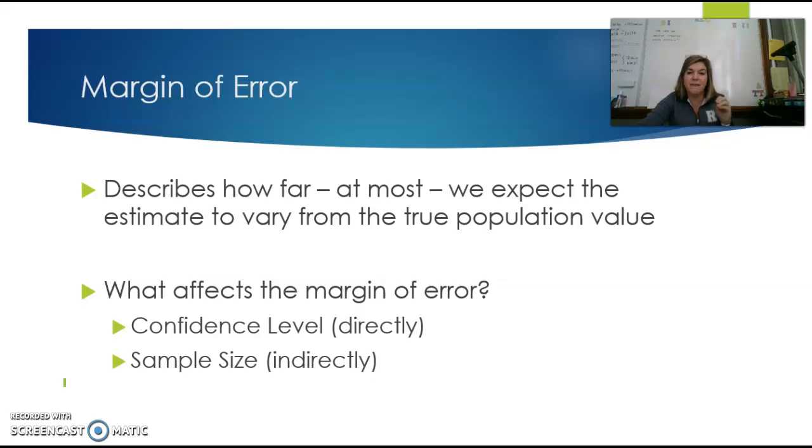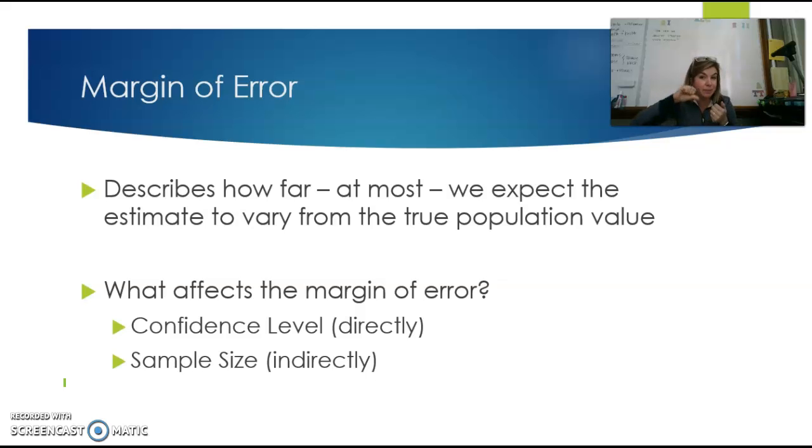Two things affect the margin of error. The margin of error is affected by the confidence level. So the more confident we are, the larger our margin of error would be. And our sample size. The larger our sample size, the smaller our margin of error is.